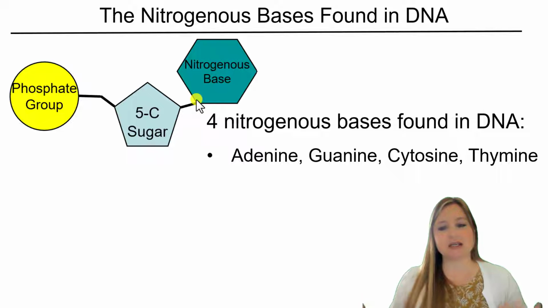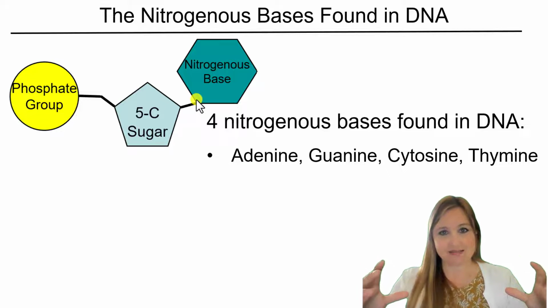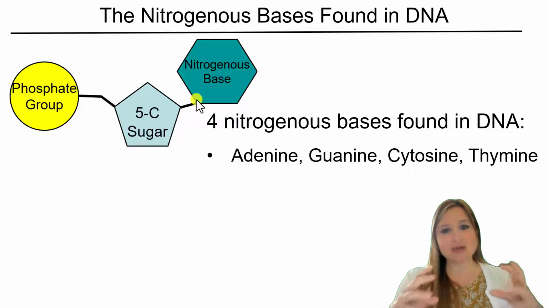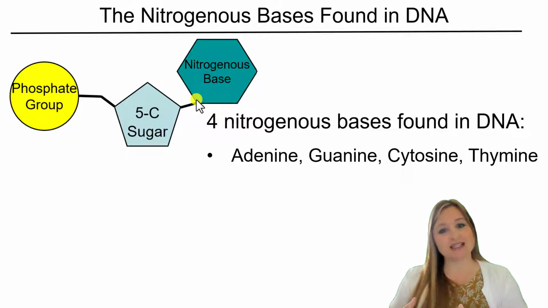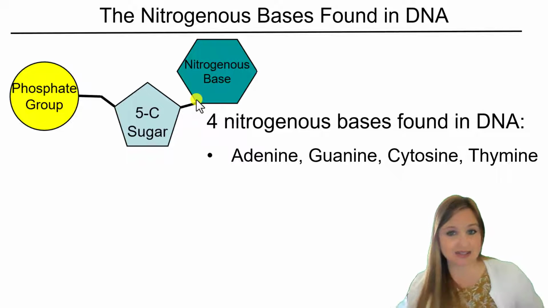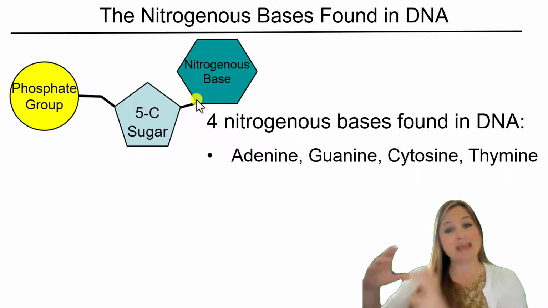So when you hear something like guanine, guanine isn't the entire nucleotide. Guanine is the base that's found in the nucleotide. When we're talking about adenine, guanine, cytosine, and thymine, A, G, C, and T, as we like to abbreviate them, we're really talking about the bases.